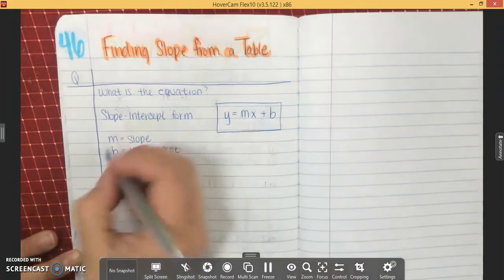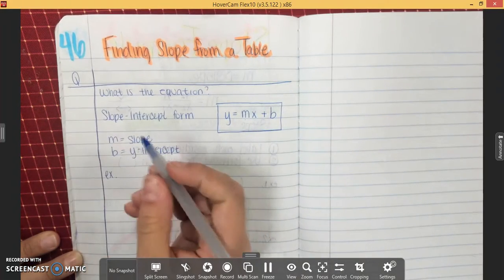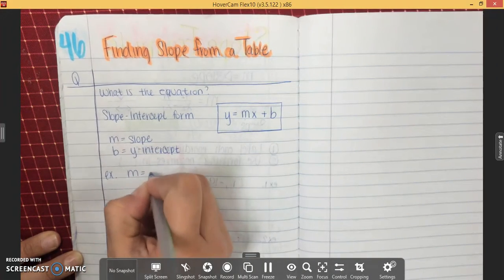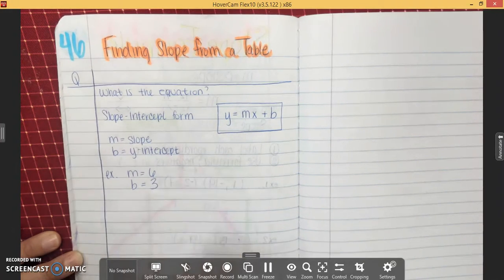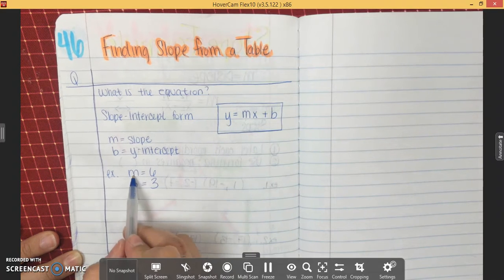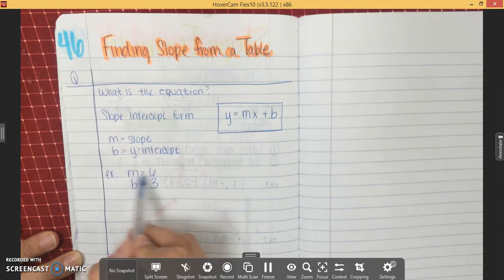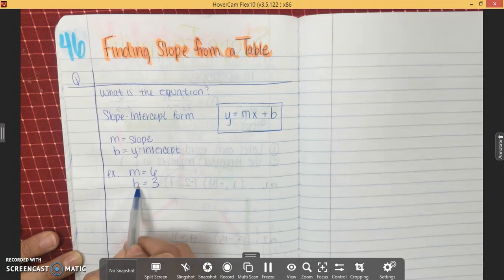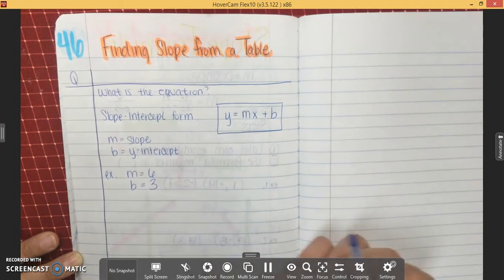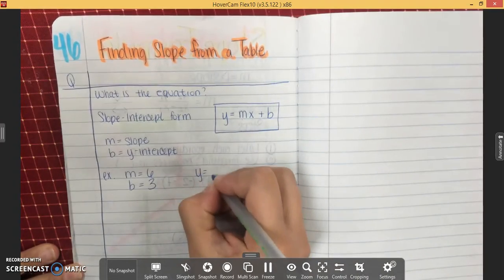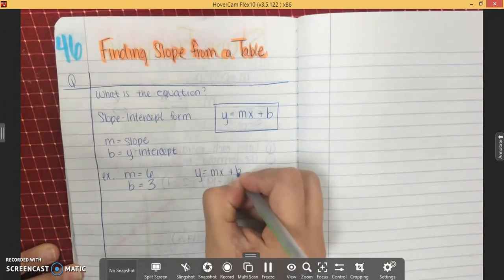So let me give you an example on how to use it. Let's say my slope is 6 and my y-intercept is 3. Remember, m equals 6 is saying that slope equals 6. The b is telling me that the intercept equals 3. So if we were to write down the equation, our equation is y equals mx plus b.